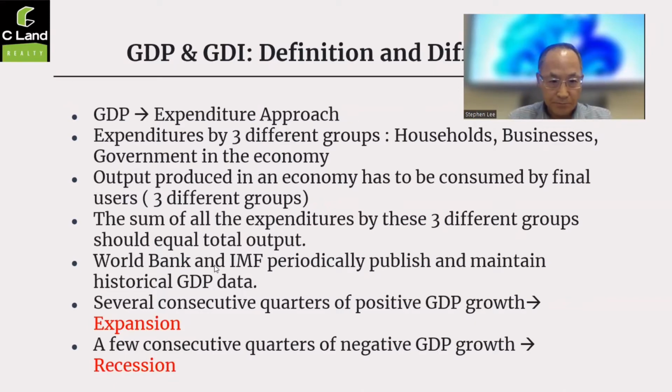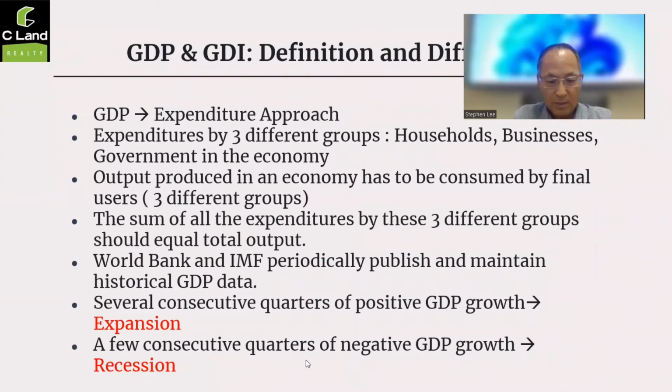And now this is important fact. Several consecutive quarters of positive GDP growth we will consider as expansion of economy. And a few consecutive quarters of negative GDP growth will consider that is recession.